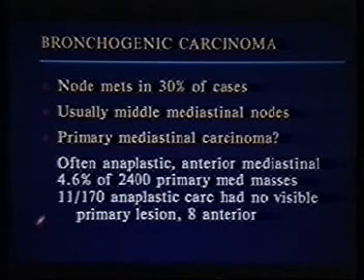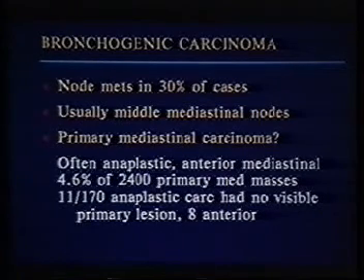In another study, 11 of 170 anaplastic lung cancers had no visible primary lesion within the lung, but presented with a mediastinal mass. In 8 of those 11 patients who had anaplastic carcinoma and a mediastinal mass with no lung lesion, the lesion was anterior mediastinal.